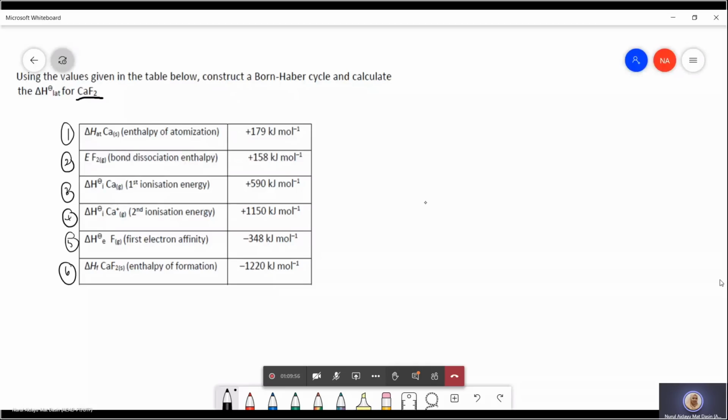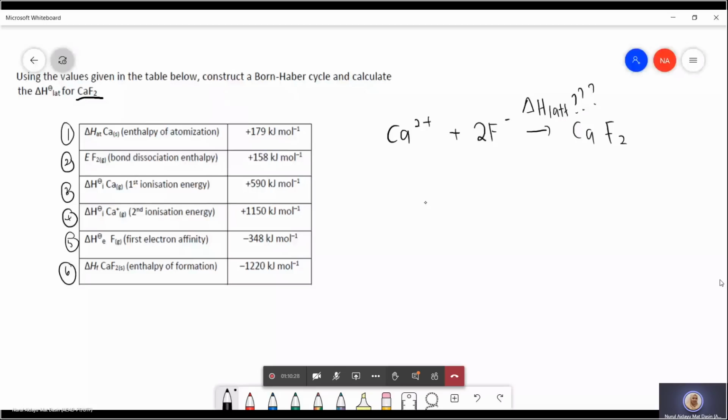We want to calculate delta H lattice, which is Ca2+ with F minus to get CaF2, and this is the delta H lattice that we want to know.